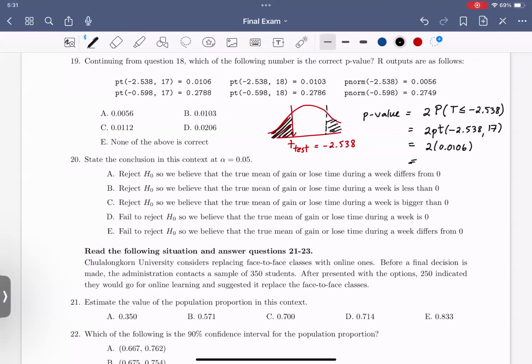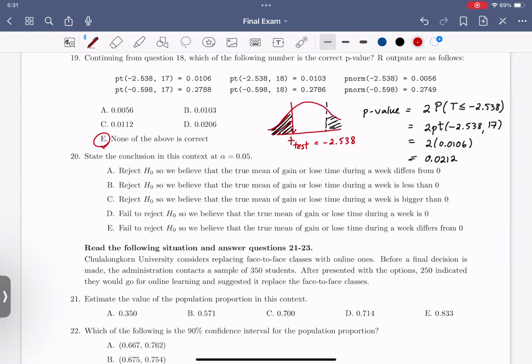Hit the calculator, it's going to be 0.0212. And wow, that is choice E. So none of the above is correct. This is actually the tricky question because there's no answer on choice A, B, C, D, because they are all wrong.